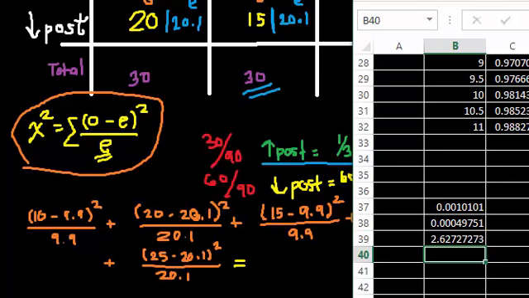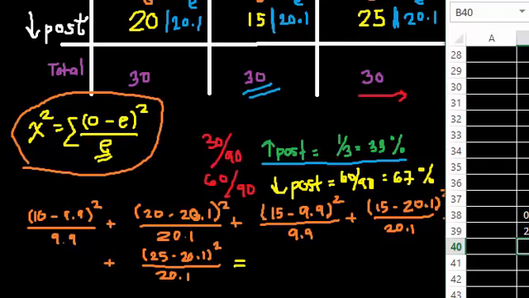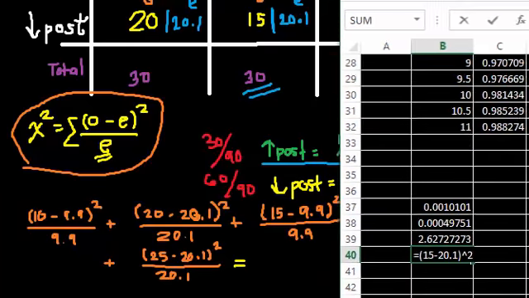And the fourth value is equal to 15 minus 20.1. I know you can't see that, but I'm just copying 15 minus 20.1, which I'll let you see right there.